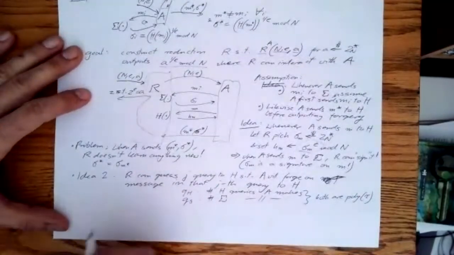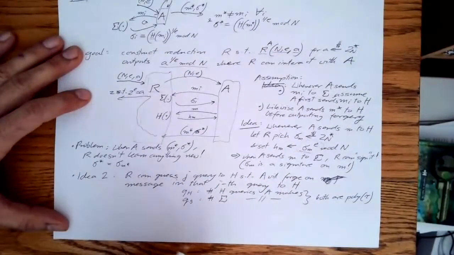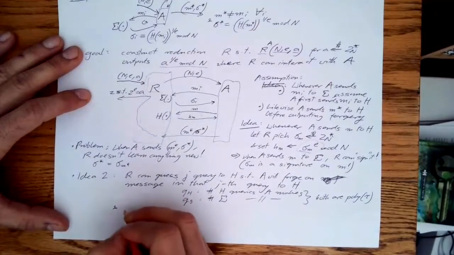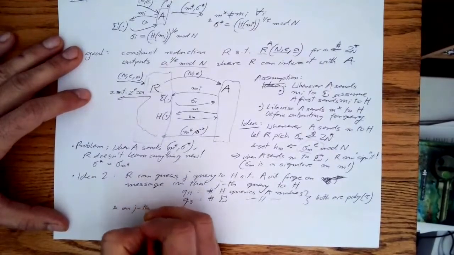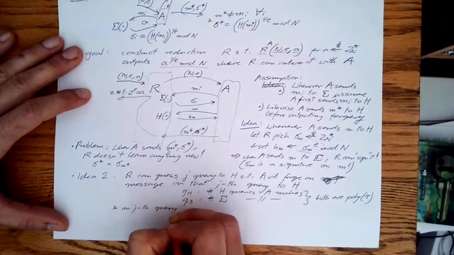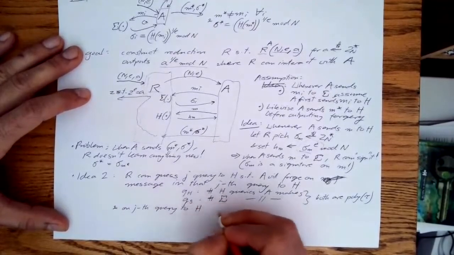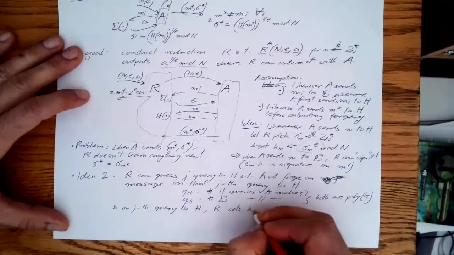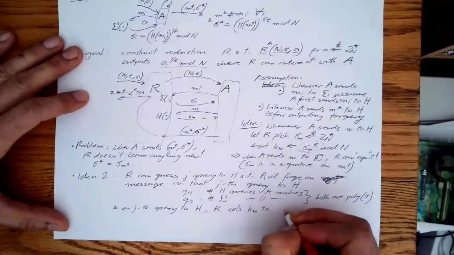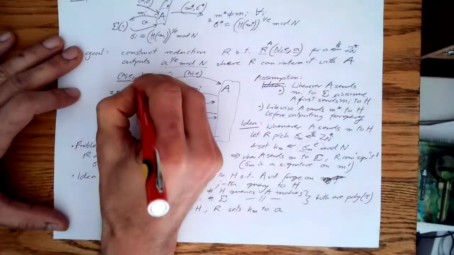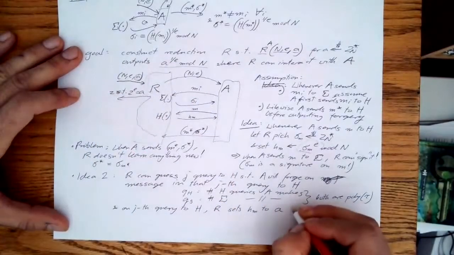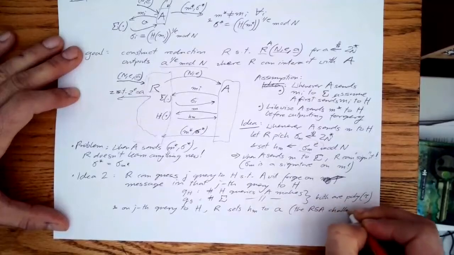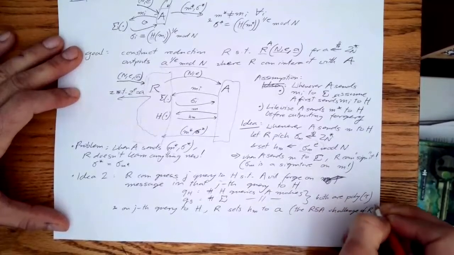So he guesses this J-th query, and on the J-th query to H, R sets HM to A, the RSA challenge of R, right?